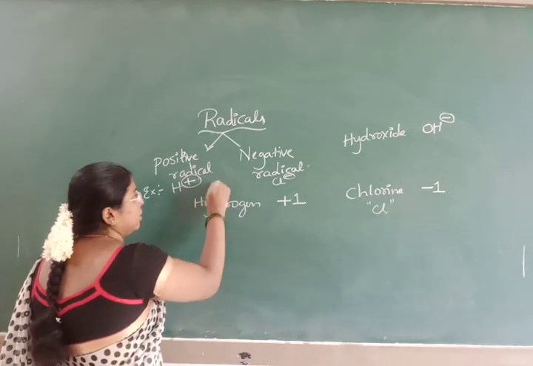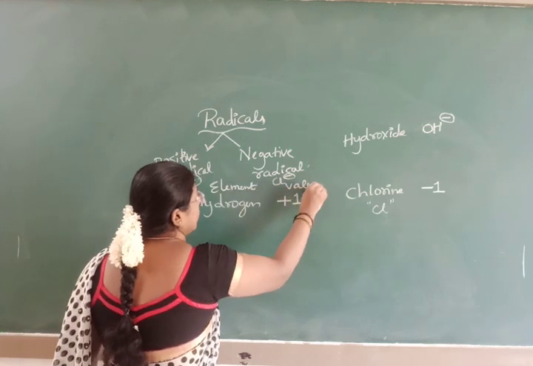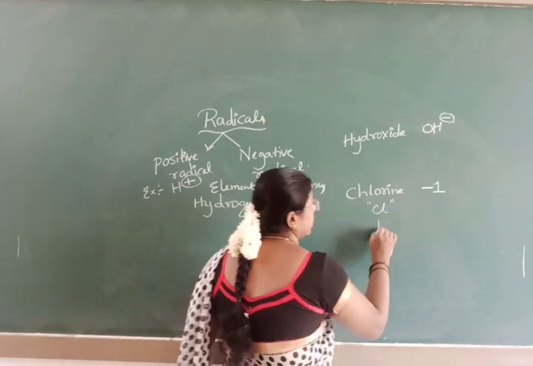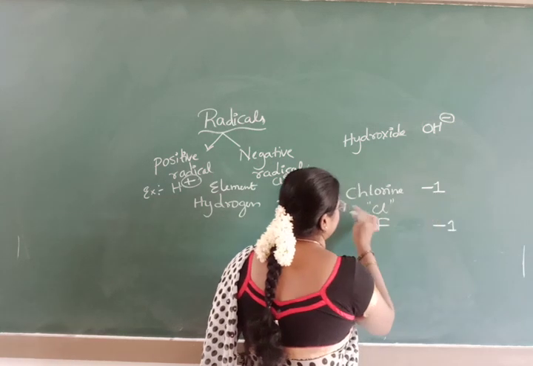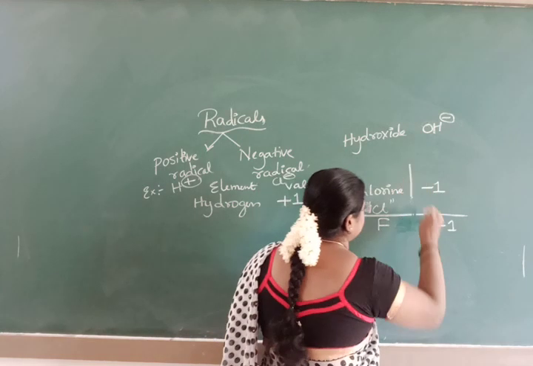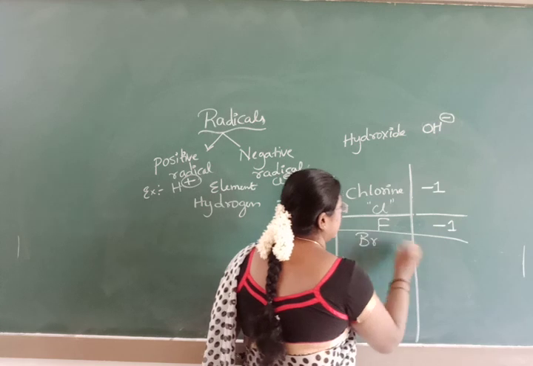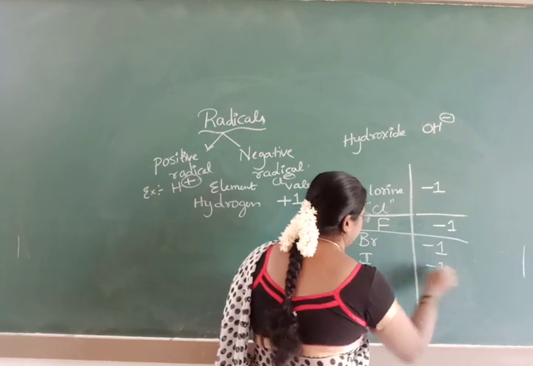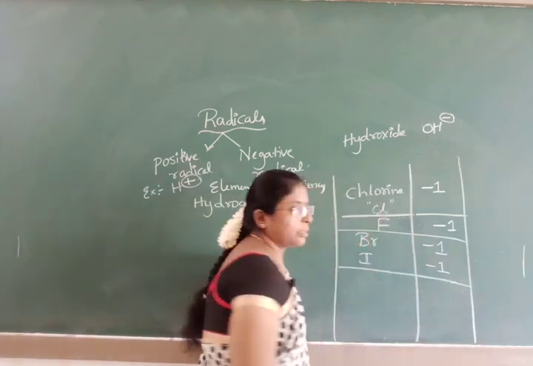Here the element hydrogen has valency +1. Chlorine, Cl, has valency -1. Fluorine has valency -1. These are all negative radicals. Fluorine, chlorine, bromine and iodine are all -1.